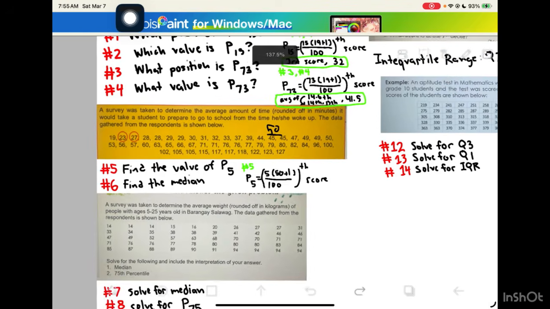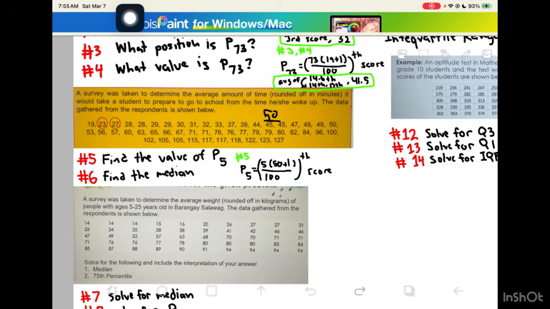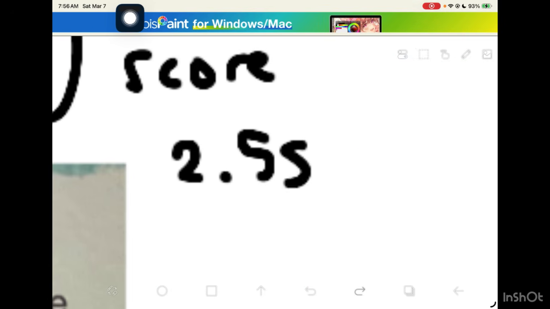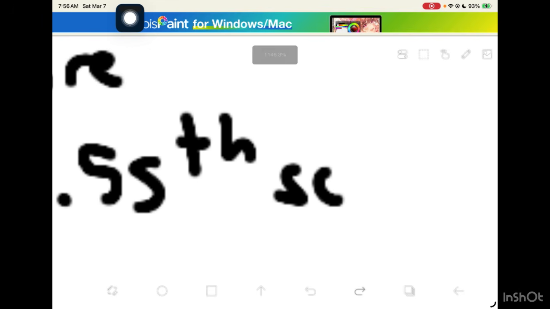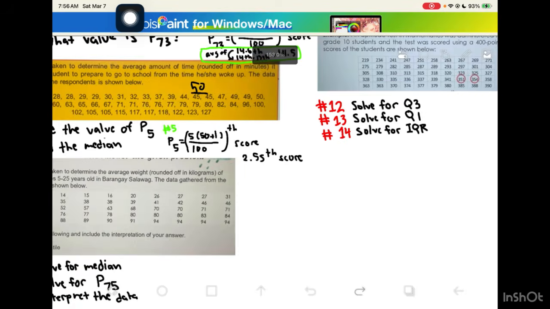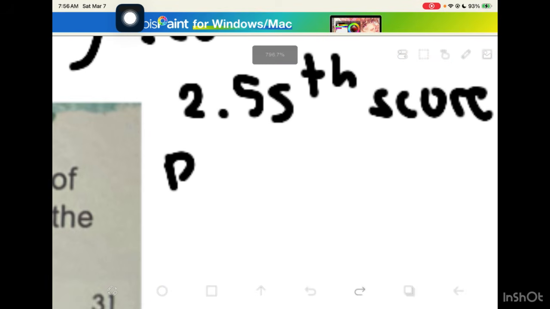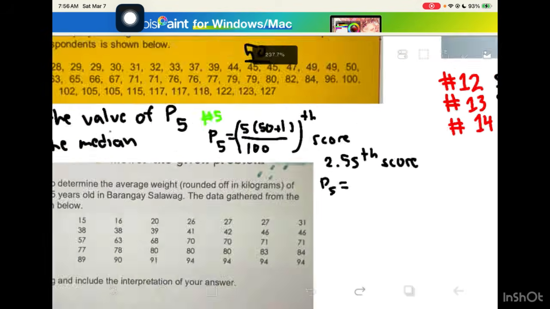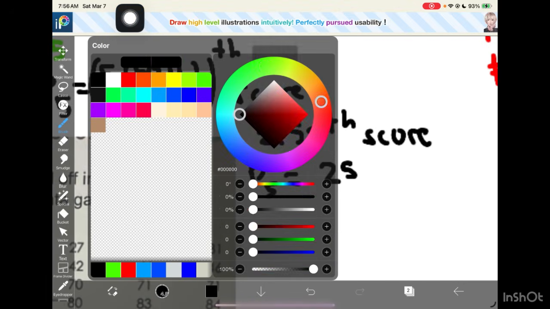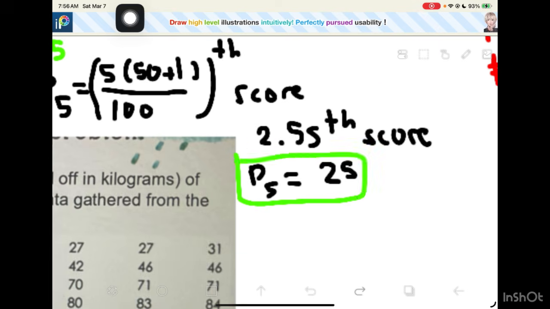This equates to 5 times 51 over 100, or the 2.55th score, which is the average between the 2nd and 3rd, so 23 and 27, which means P of 5 is equal to 25. And that's the answer for this one.